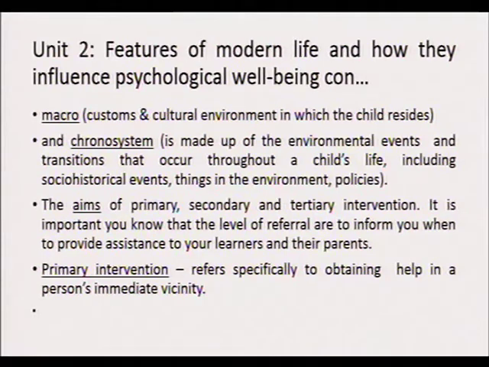The chronosystem is made up of the environmental events and transitions that occur throughout a child's life, including socio-historical events, things in the environment, or policies. When we are looking at the chronosystem, these are the events in our environment.